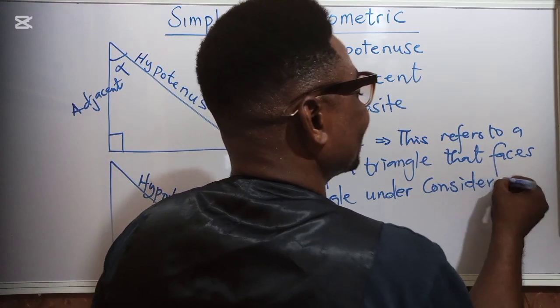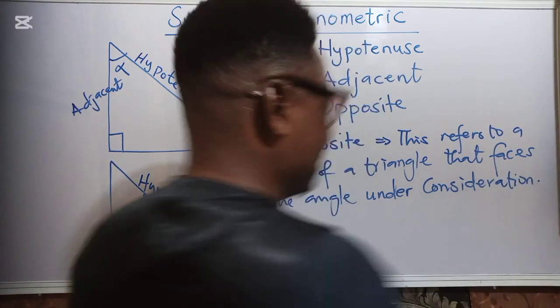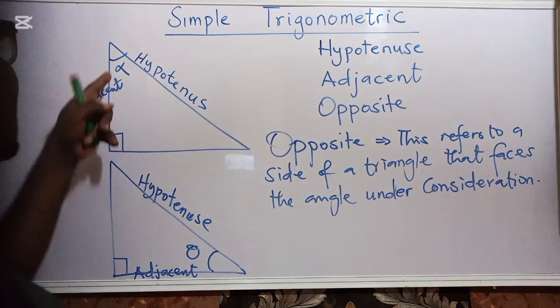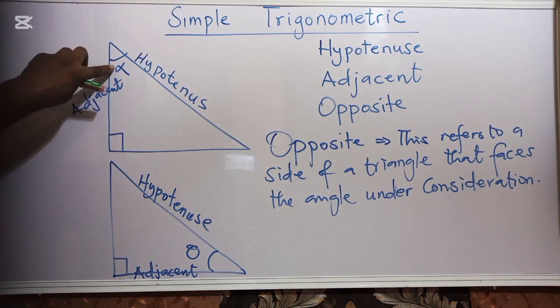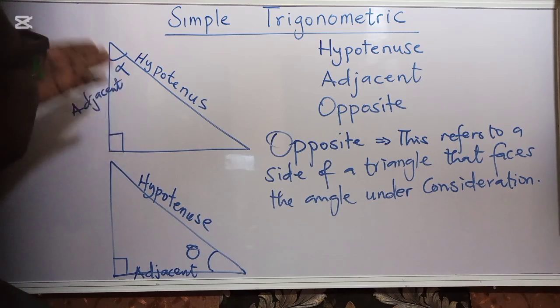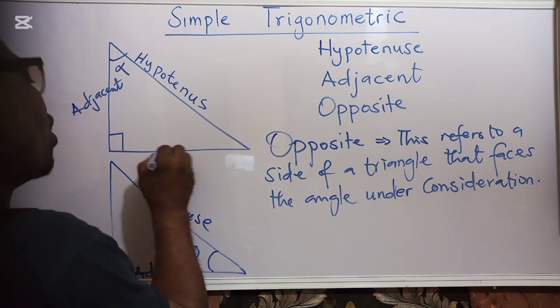The angle we are considering, the angle in view, the angle we are talking about. Here, look at it. We are talking about alpha here. The side of this triangle that is facing alpha is this one, opposite.